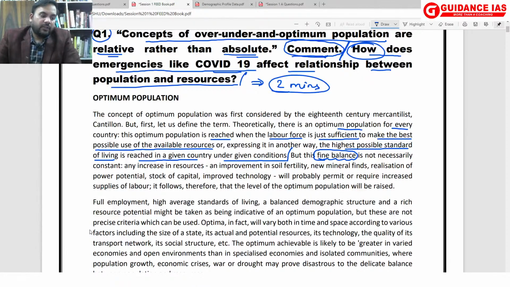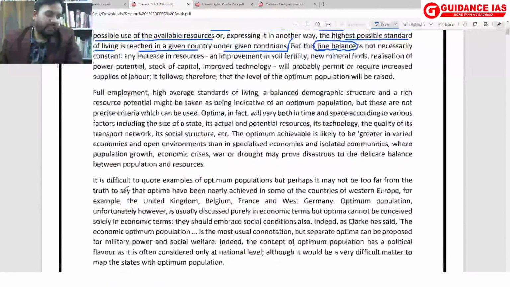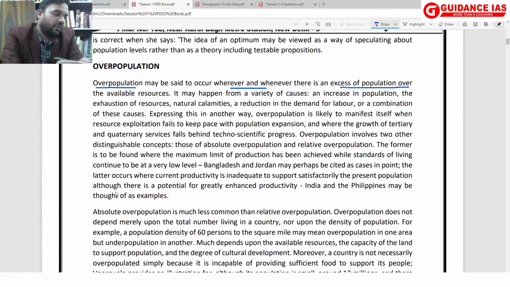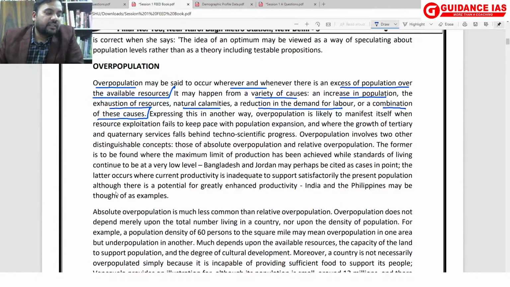ठीक है. So here, first of all, we'll just describe and explain what these are. Similarly, overpopulation may be said to occur wherever and whenever there is an excess of population over the available resources. It may happen from a variety of causes: an increase in population, the exhaustion of resources, natural calamities, a reduction in demand for labor, or a combination of these causes. ठीक है.